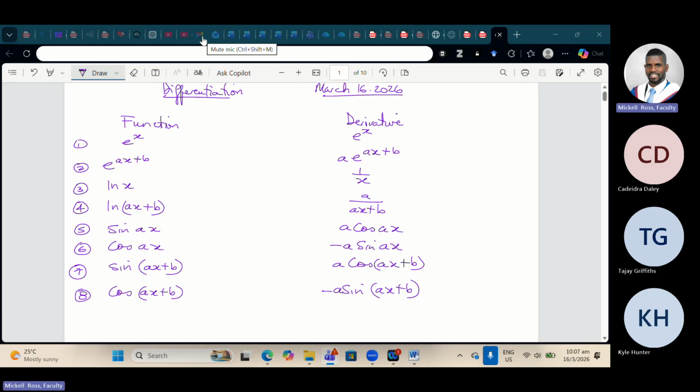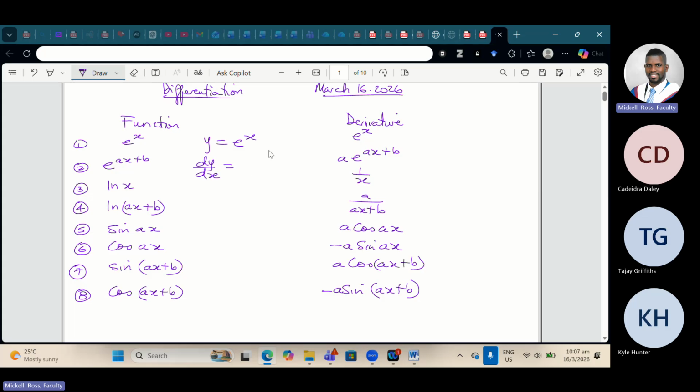Let me know when you finish writing, please. So if you notice, it says the derivative, which is saying that if you have a function, say y is equal to e to the x, and you're asked to find the derivative, which is differentiating the function with respect to x, you're just going to get back e to the x.